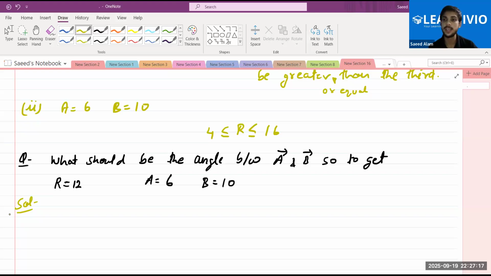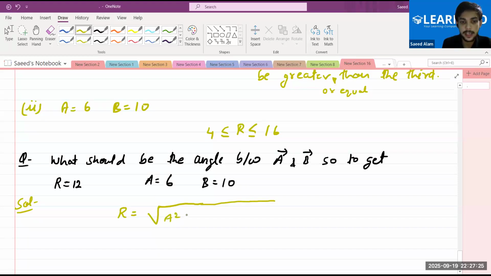Can we use the formula of resultant that we had derived? What was that? R equals the square root of A square plus B square plus 2AB cos theta.